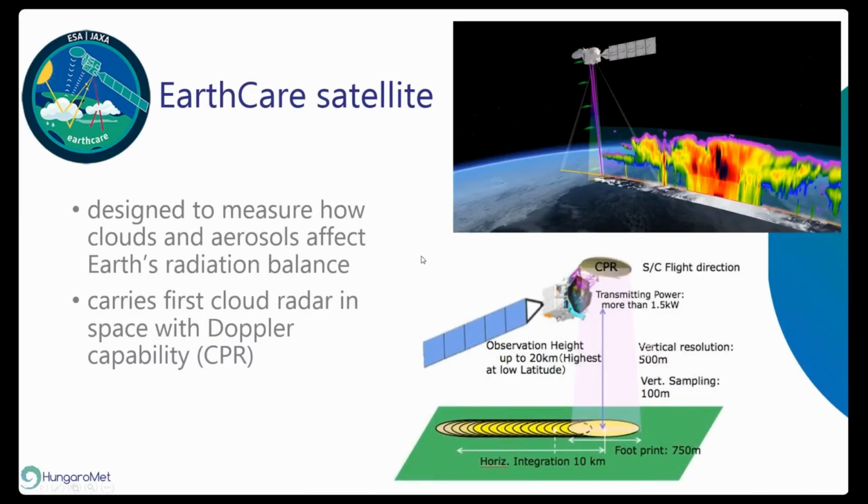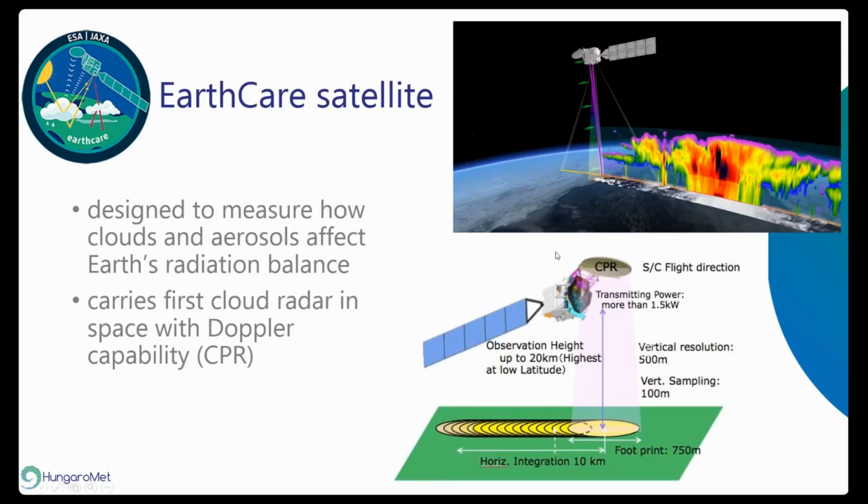And why it's very interesting for us is because it carries the first cloud radar in space with Doppler capability, the cloud profiling radar, CPR. So this is an active sensor.